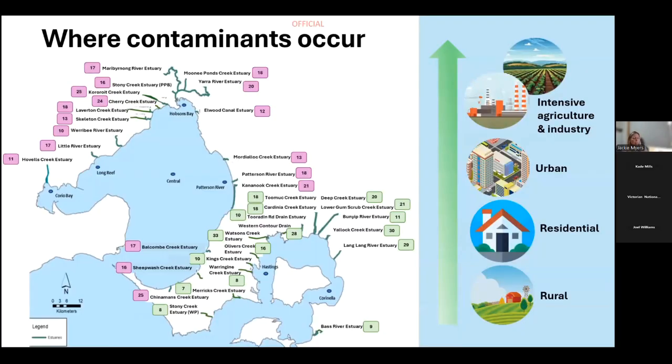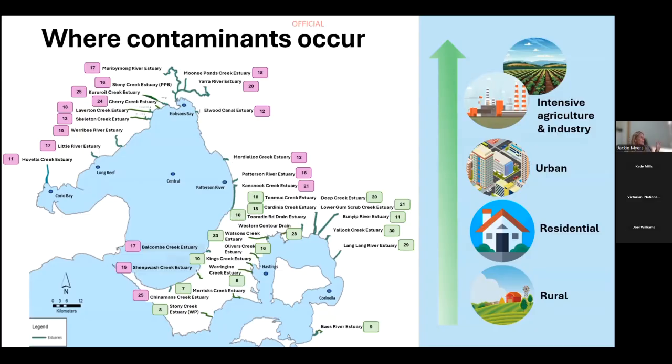We also gather information on spatial differences in contaminant numbers across the different estuaries. This map is showing the numbers of contaminants that we found at our different estuary sites in that first round. We found anything from down near 7 or 8 contaminants all the way through to the low 30s at any one site.